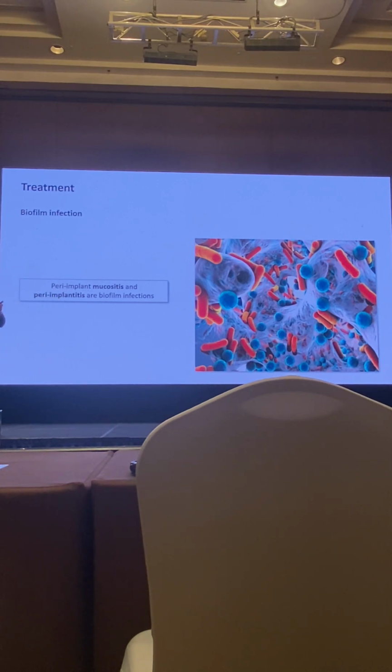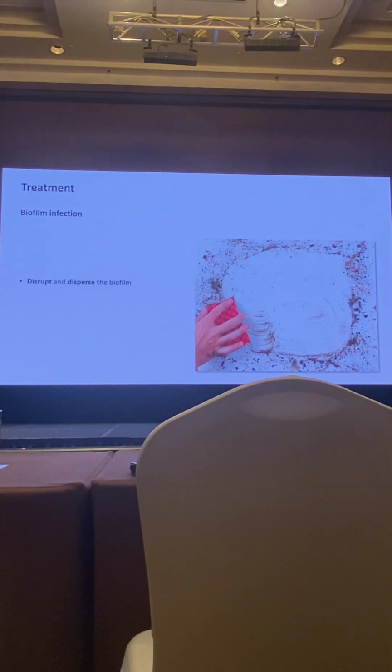Sometimes we can do it closed, sometimes we have to open the flap, sometimes we have to take off the prosthesis, but you need access. And then, how easy it is to clean depends upon the implant surface itself. Whether it's a very rough surface, porous, or whether it's a micro-rough surface like an SLA. So different implant surfaces have different approaches to that.